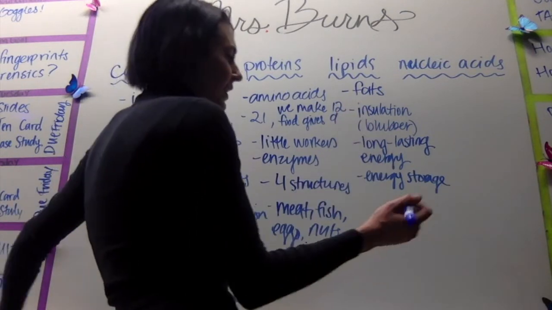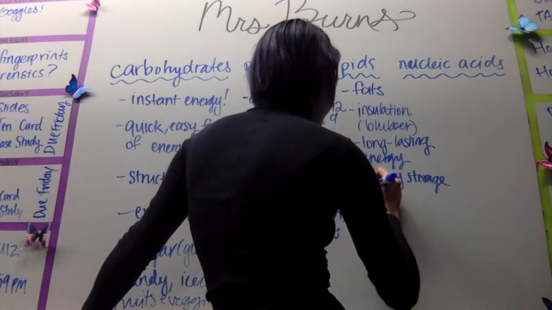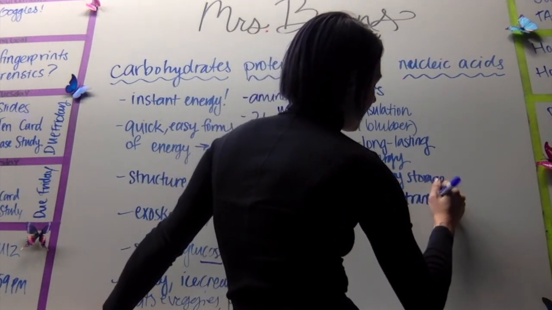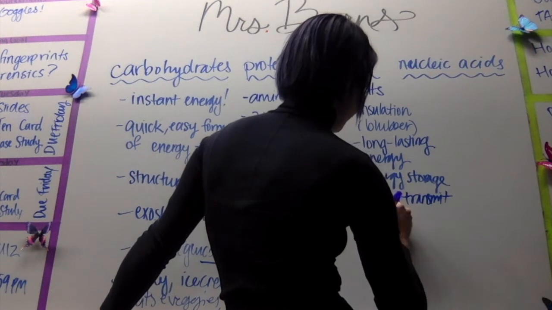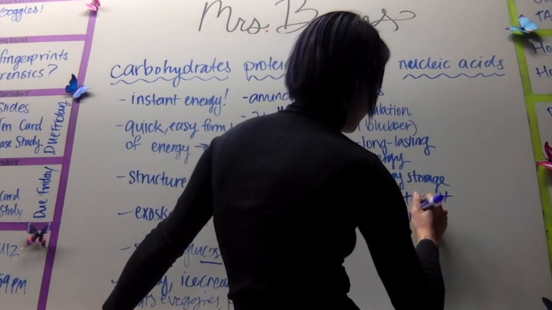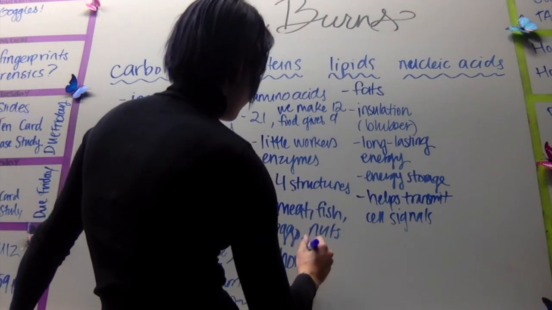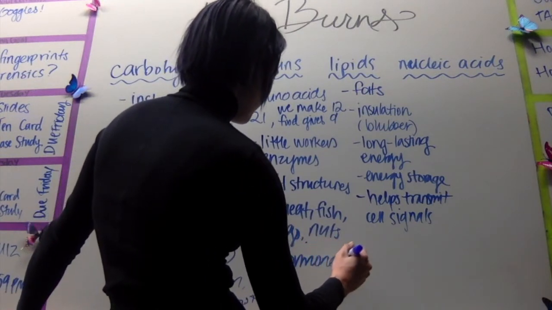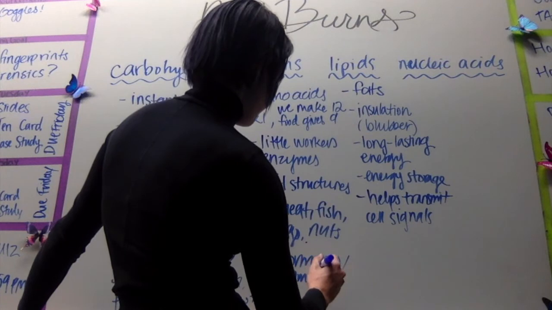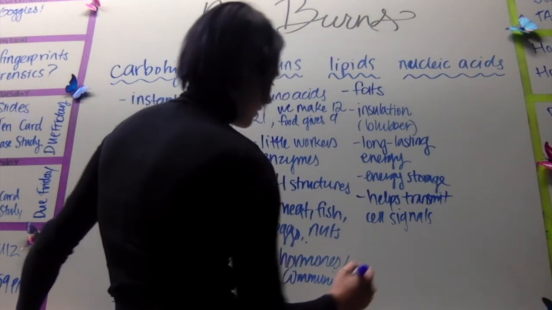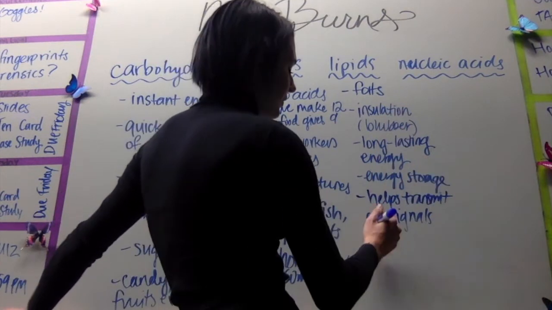Another thing fat can do is help in our brain. It helps transmit cell signals. And that reminds me of another thing that protein does: it can be hormones and communication as well. Okay, so what are some examples of lipids?